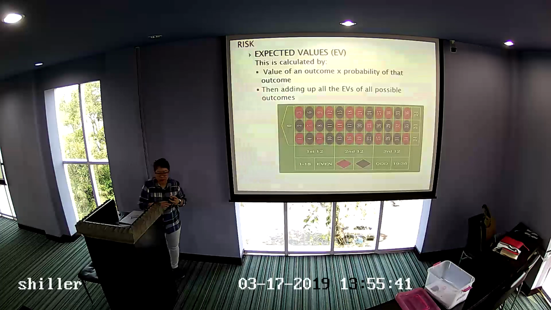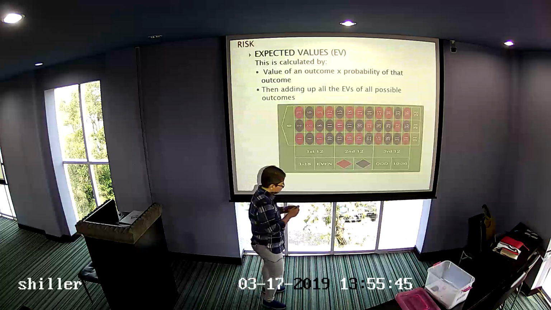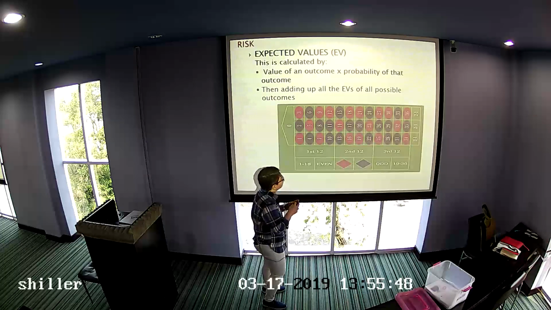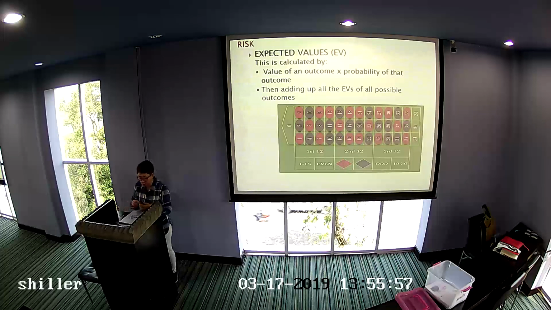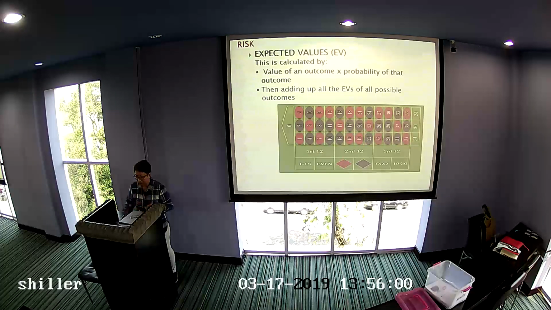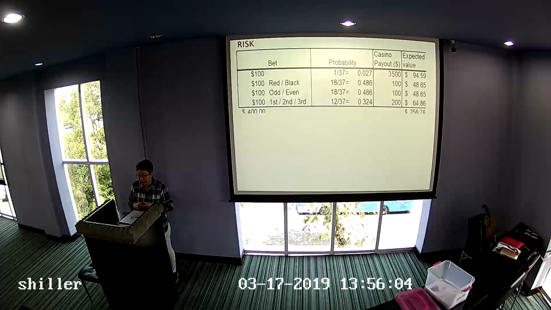Including the 0, how many? 37 or 36? Out of 36, okay, maybe my calculation is wrong. Alright, so maybe 36. But if I add the 0 as a choice, correct? Then it will be 37. Okay, so let's say it's 37.